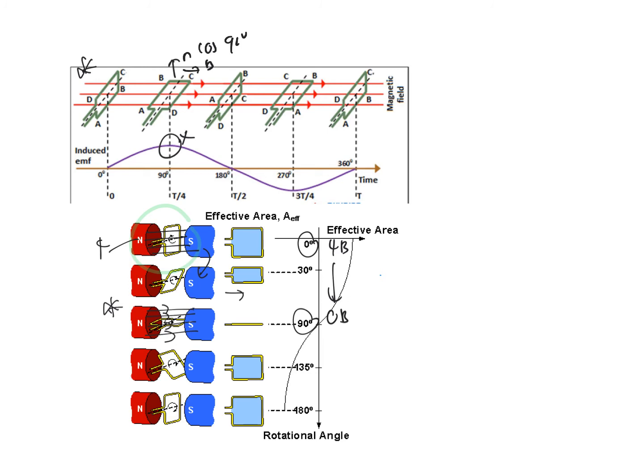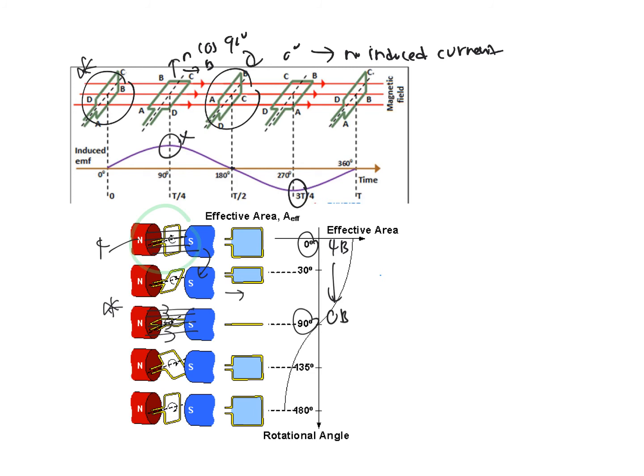However, when it rotates to the original position but with A, B and C, D swapped, the same amount of magnetic field is passing through, so you get 0. It means there will be no induced current. When it changes into the position of cos 90 degrees, it's going to be a maximum again.